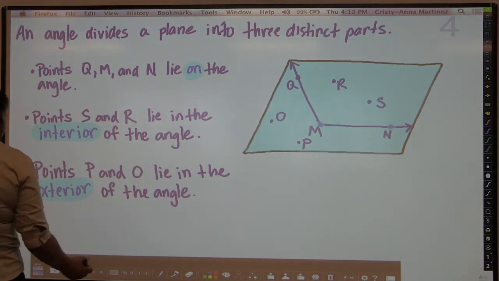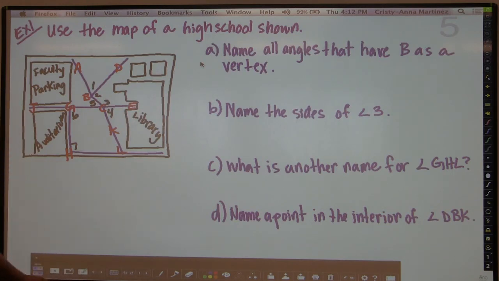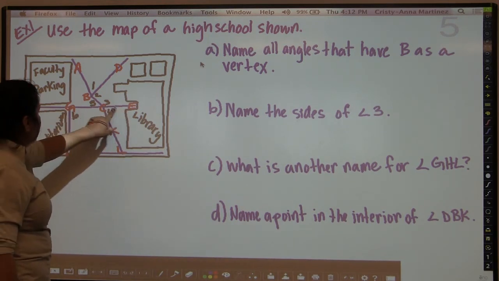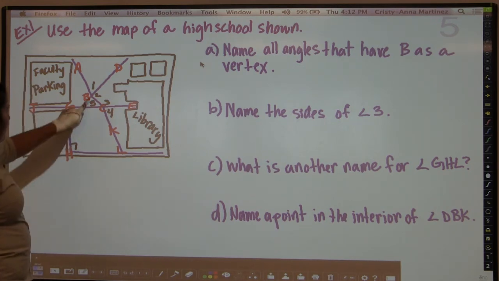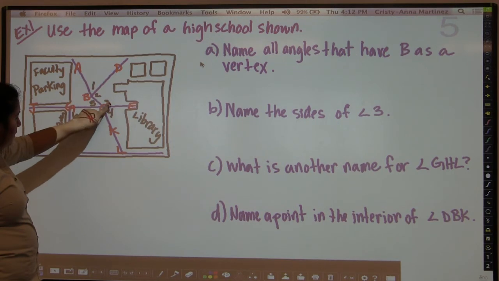So now we have an example. And I will tell you right now that this example is in your book. It's on page 37. And my drawing might not do it justice, so you might want to copy it from your textbook if that's easier for you. But we have all of these purple lines which are signifying rays. The angles are labeled with little numbers.